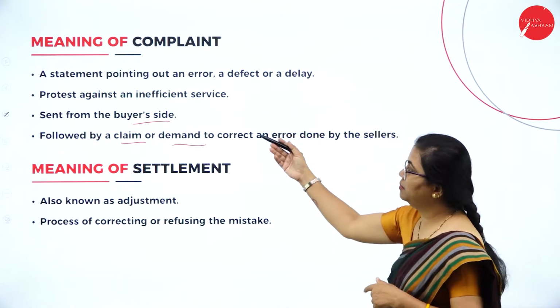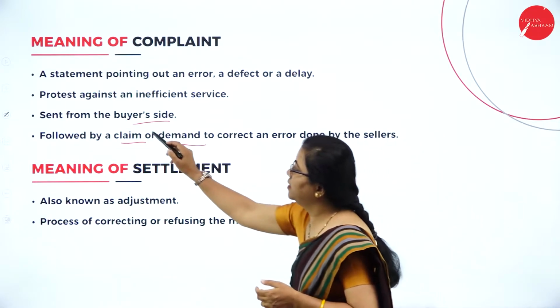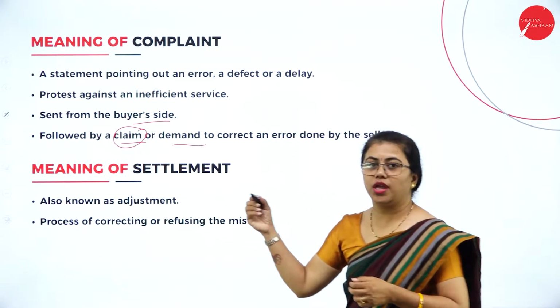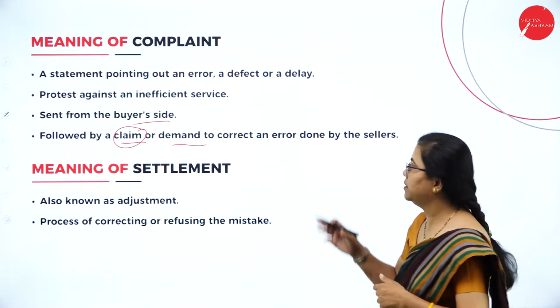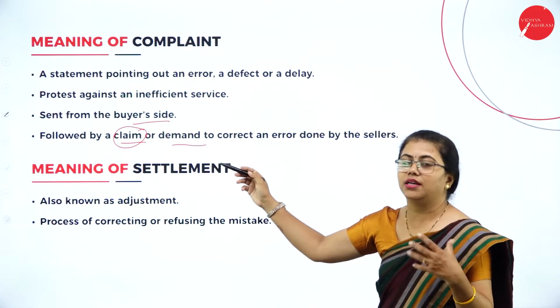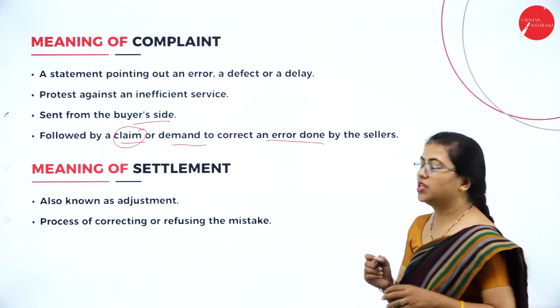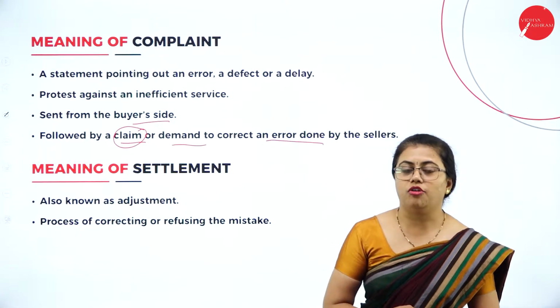Whatever mistake the supplier has done has to be corrected and the buyer actually claims for it. It can be a written claim or some correction claim that the buyer is requesting, in order to claim the correction of this error. So that is actually requested by the buyer. So this is the nature of a complaint.